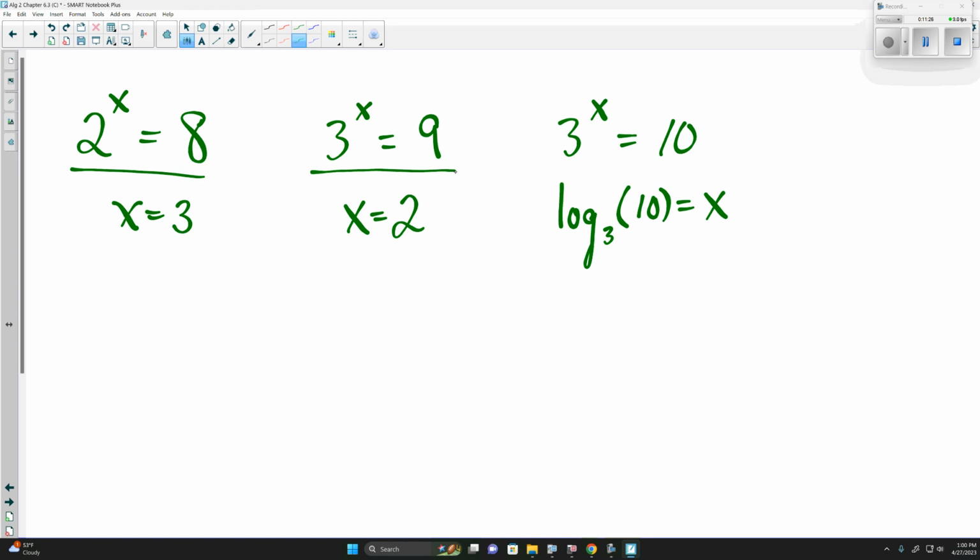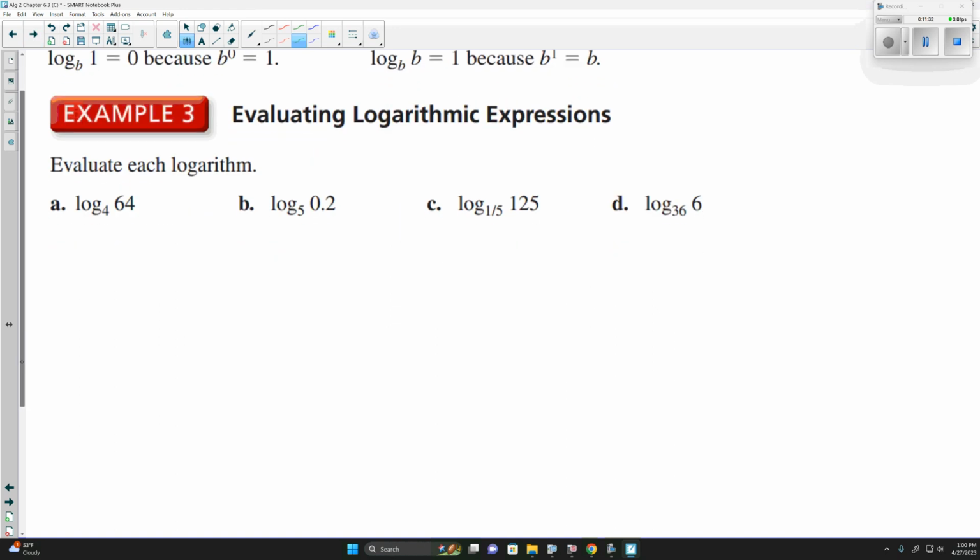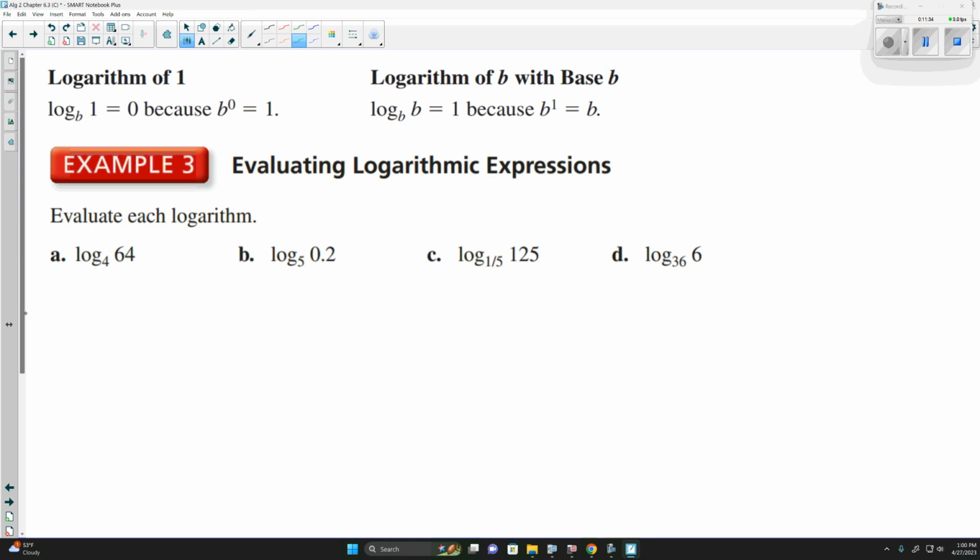Questions on any of this here? You ready for the next part? So log base b of 1 is 0. And this is a rule that is very nice to know. No matter what the base is, if the number inside the logarithm is 1, it's going to equal 0.